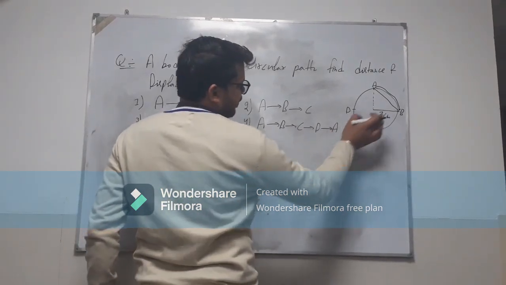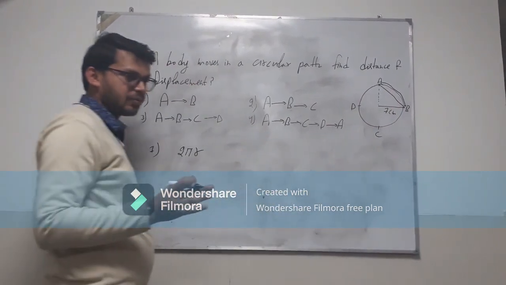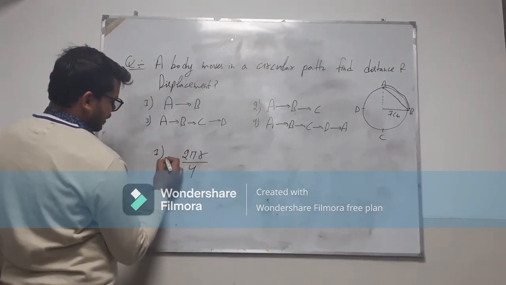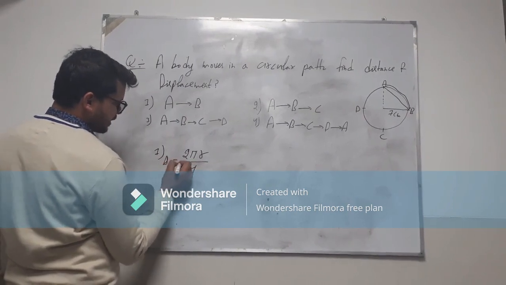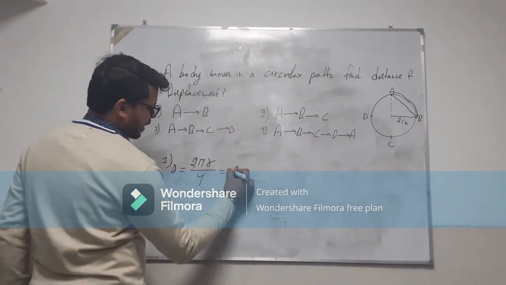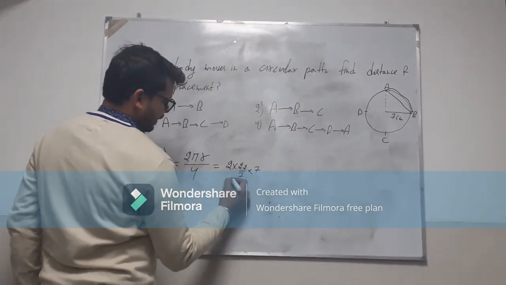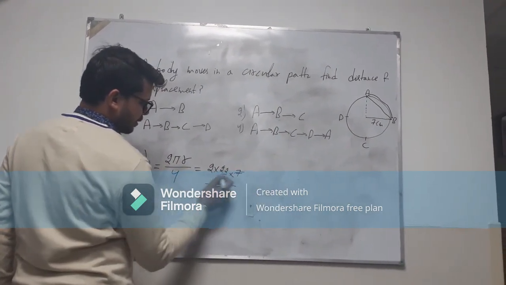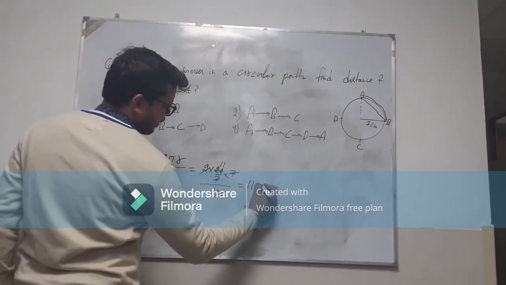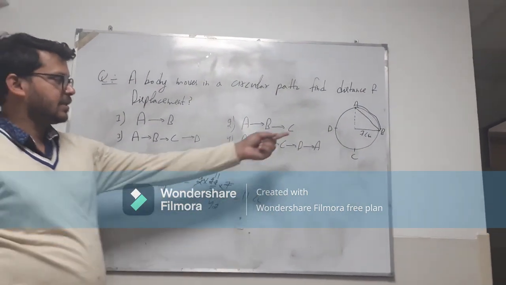If I divide the circle into 4 parts, this is the 1/4 part of the circle. So distance is 2 pi r divided by 4. Pi is 22/7 and radius is 7, divided by 4, that is 11 centimeter, because the unit was centimeter. So the distance is 11 centimeter.